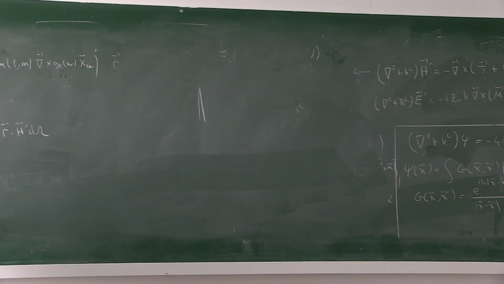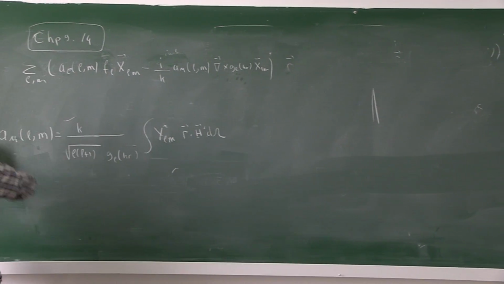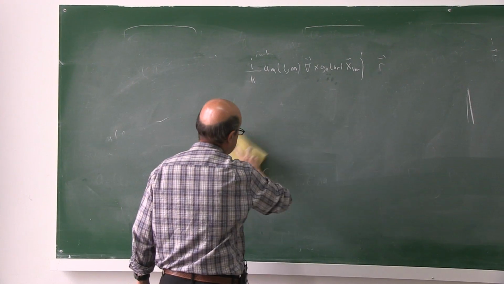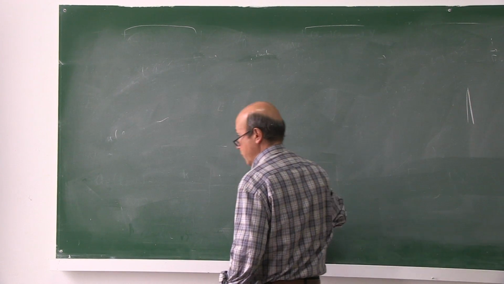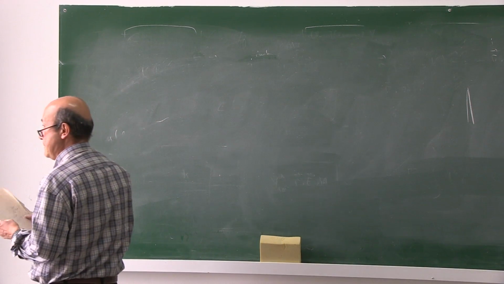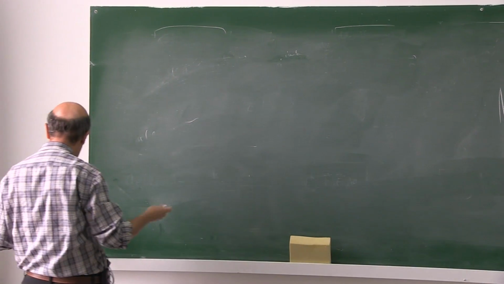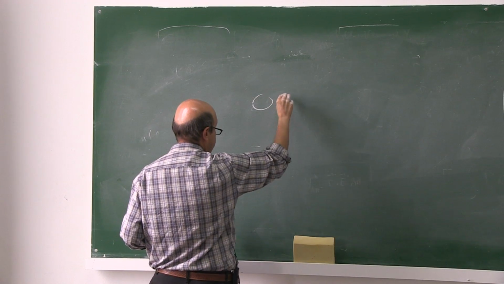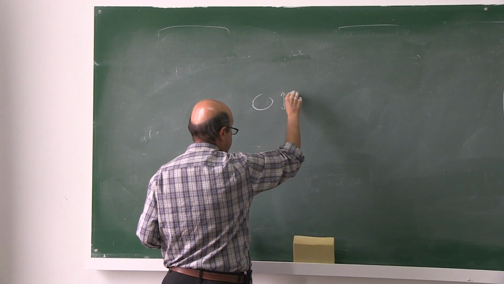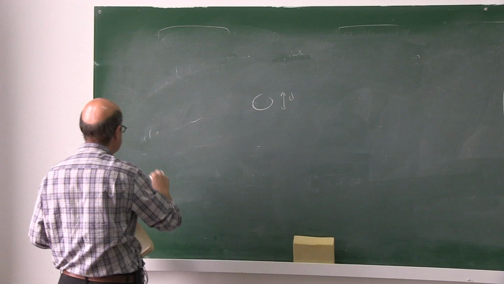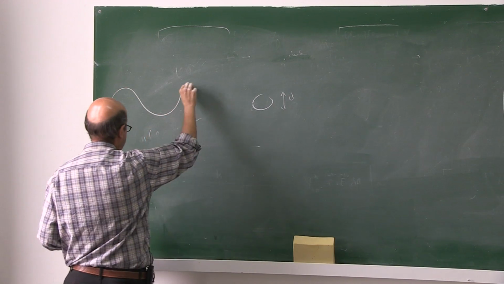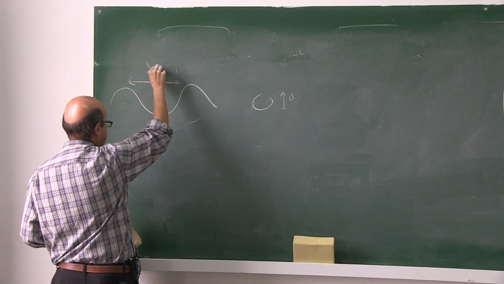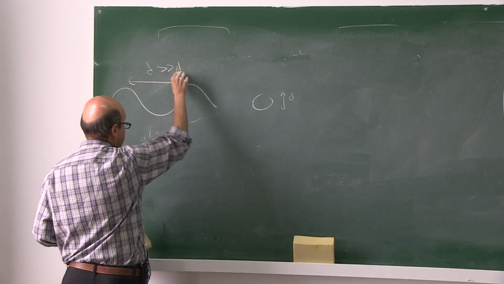So basically, in the new chapter, our aim will be the following. We will have the source of some dimension d, and there is the incoming wave, and the wavelength is much longer than the size.